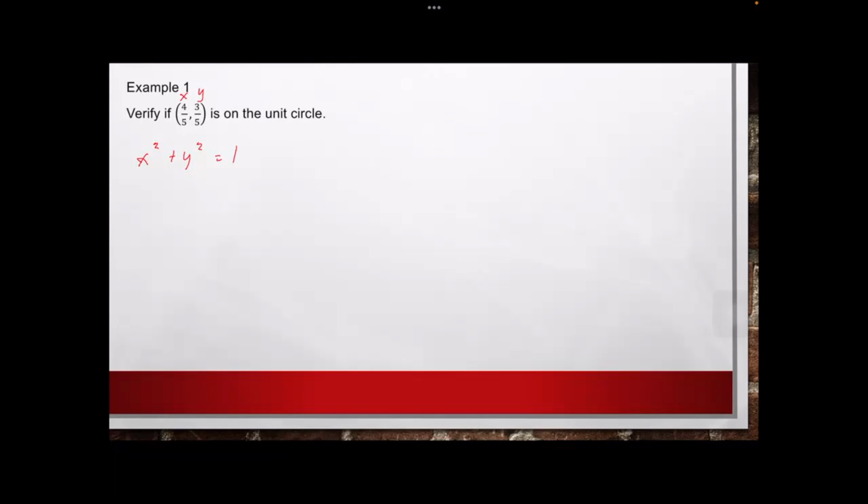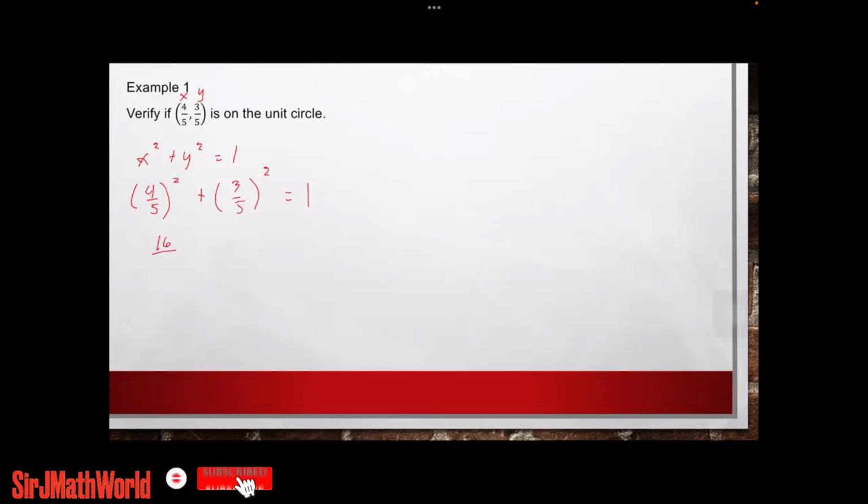Substitute: 4 over 5 squared plus 3 over 5 squared is equal to 1. Squaring 4 over 5 gives 16 over 25.